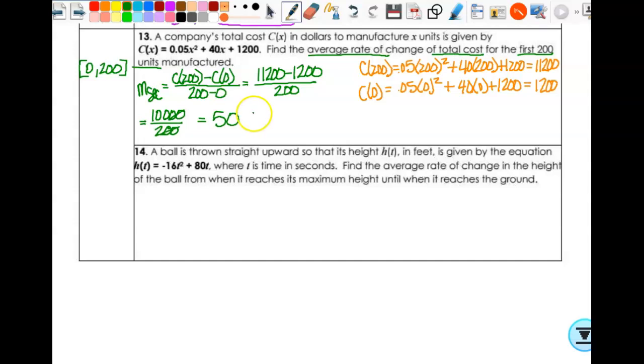Very good. $50 per unit. That's your average cost for the first 200 units. And the idea, of course, is that the more units you produce, the lower that number will get, right? We good? Any questions? All right.